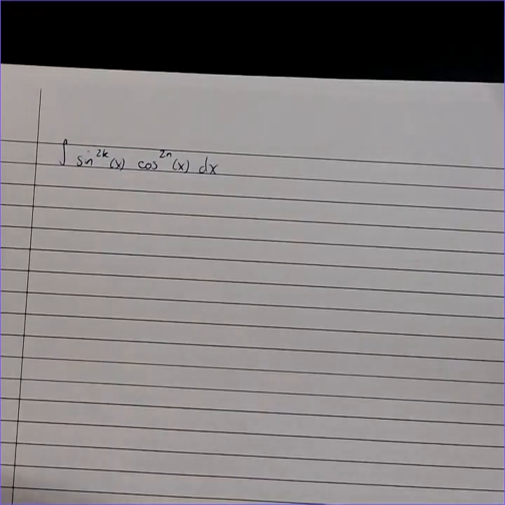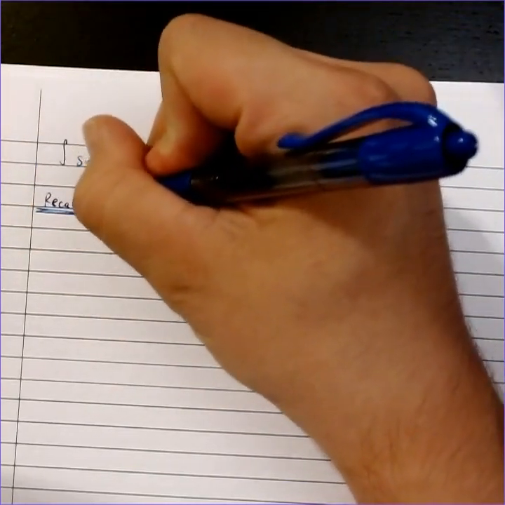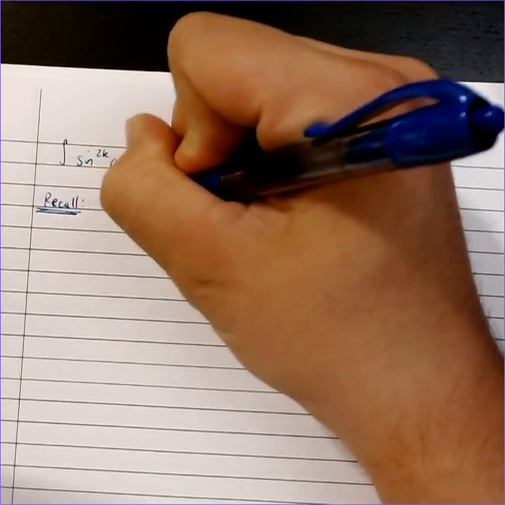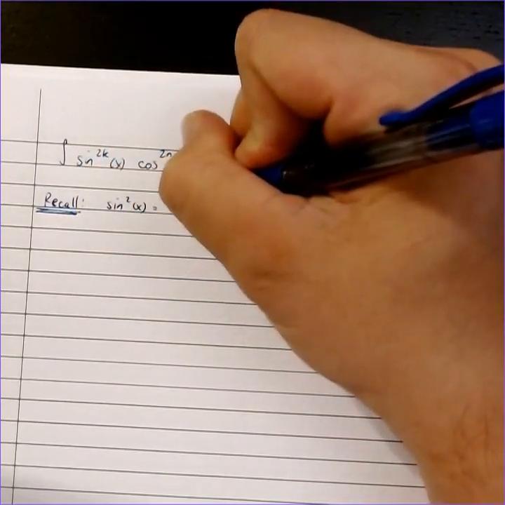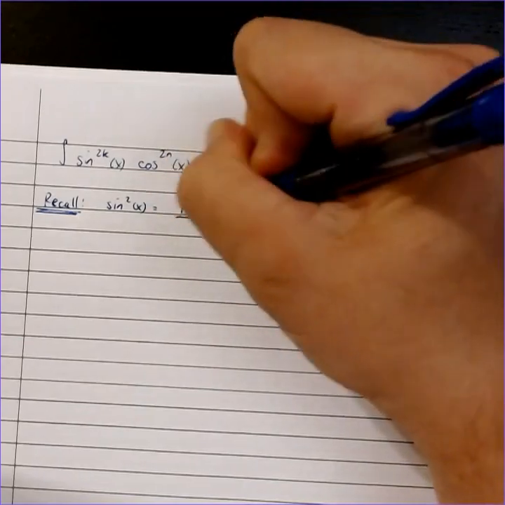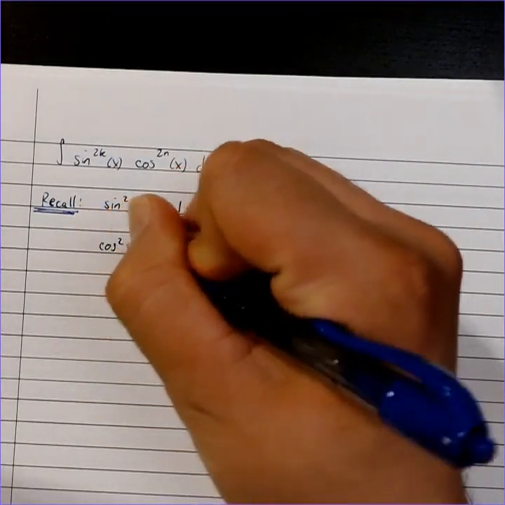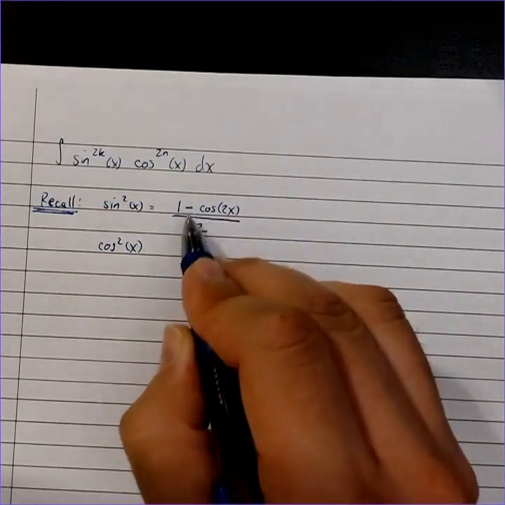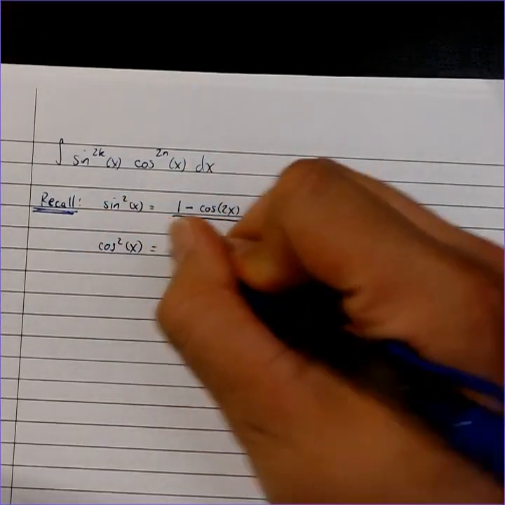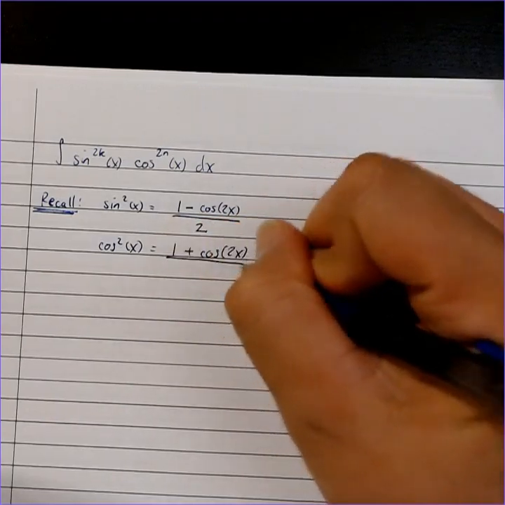When you have an instance like this, you want to recall the following formulas from trigonometry. The power reduction formulas state that sine squared of x is equal to 1 minus the cosine of 2x, over 2. And the cosine squared of x is something very similar. In fact, it's almost identical. Instead of a minus, there's a plus here. So that's 1 plus the cosine of 2x, over 2.